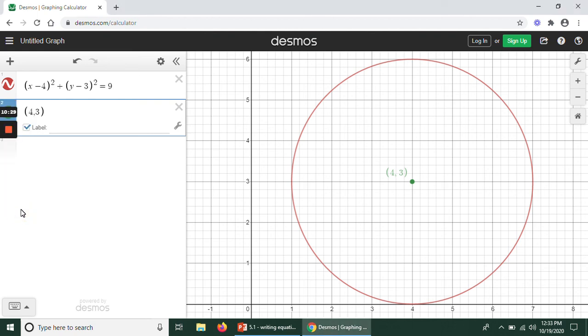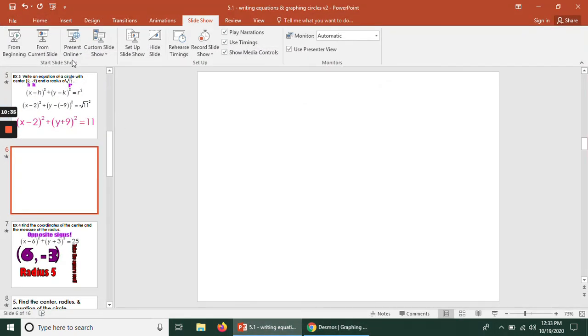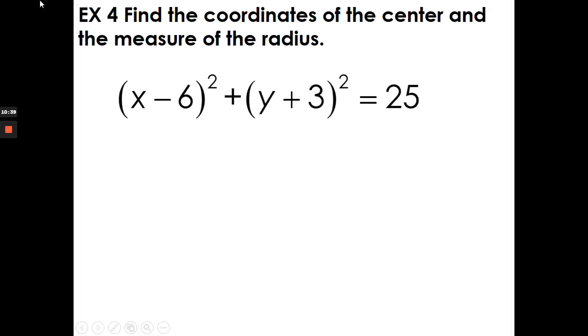Now let us look at an example of a question. This question is asking us, find the coordinates of the center and the measure of the radius. And we have been given the equation of a circle.